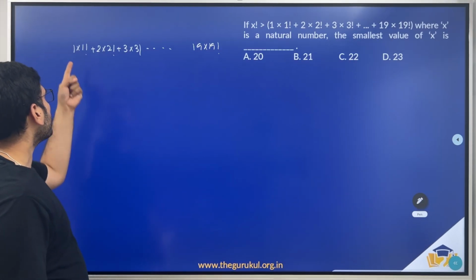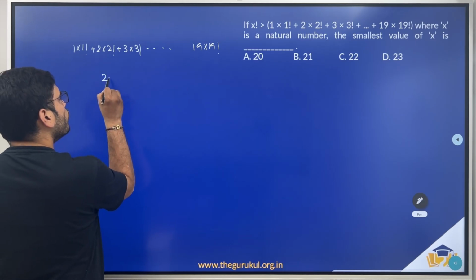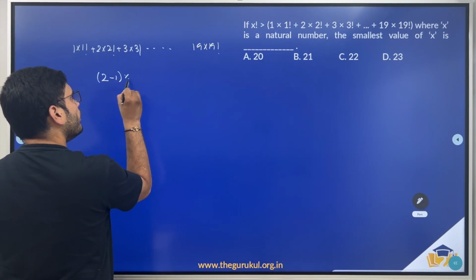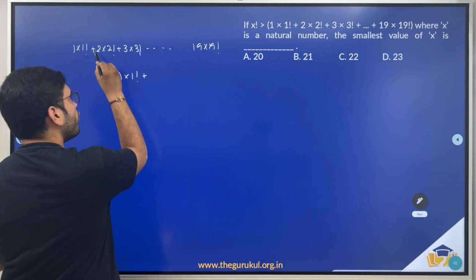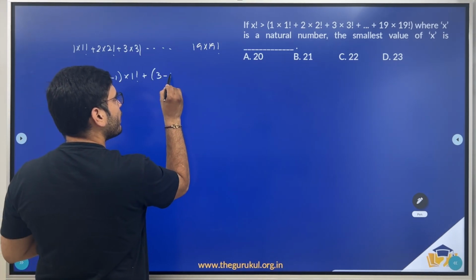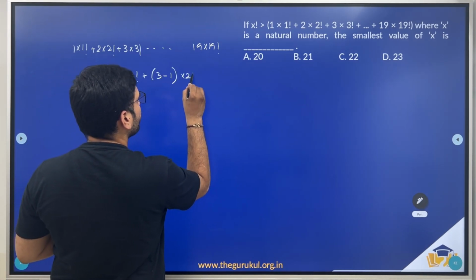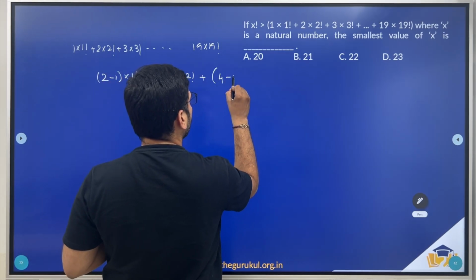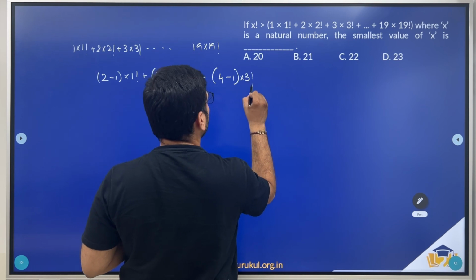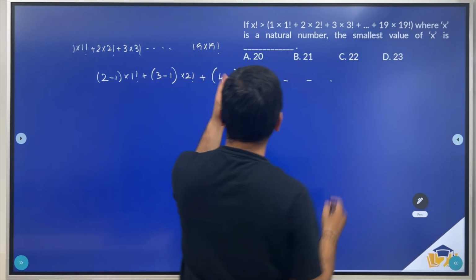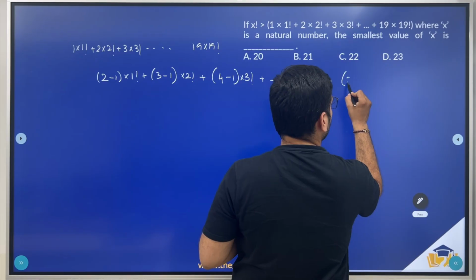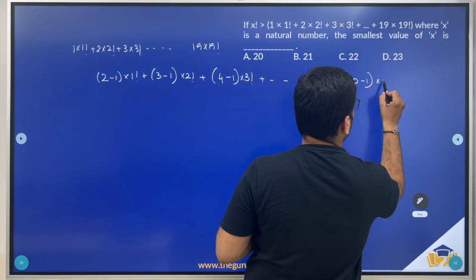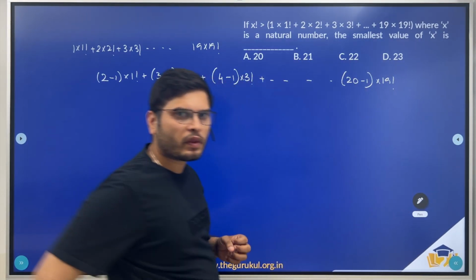In order to do that, I'll be writing 1 as 2 minus 1 into 1 factorial, plus I'll be writing 2 as 3 minus 1 into 2 factorial, plus I'll be writing 3 as 4 minus 1 into 3 factorial, plus so on till I'll be writing 19 as 20 minus 1 into 19 factorial, right?